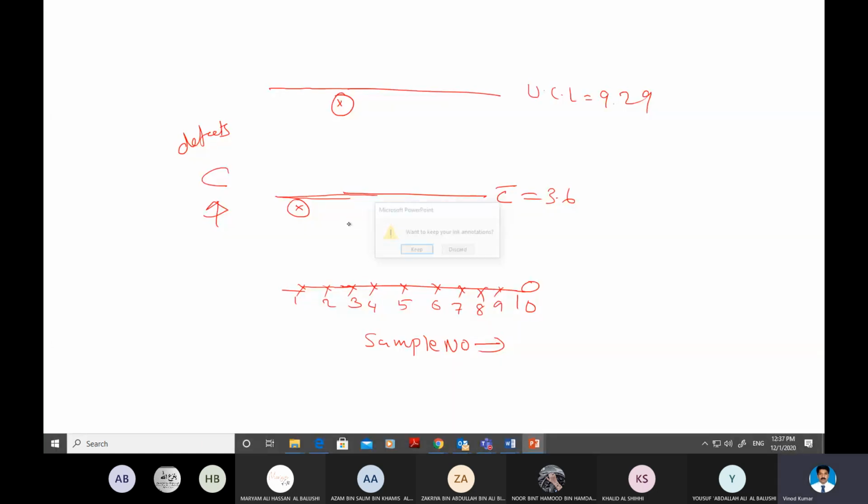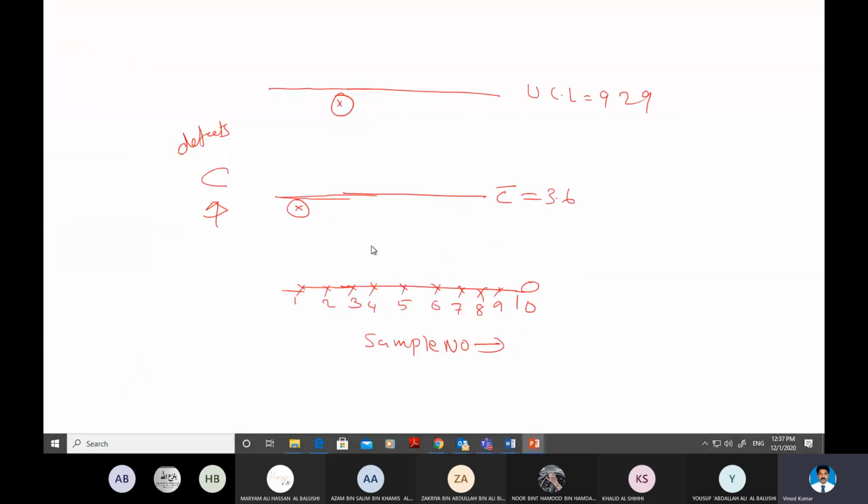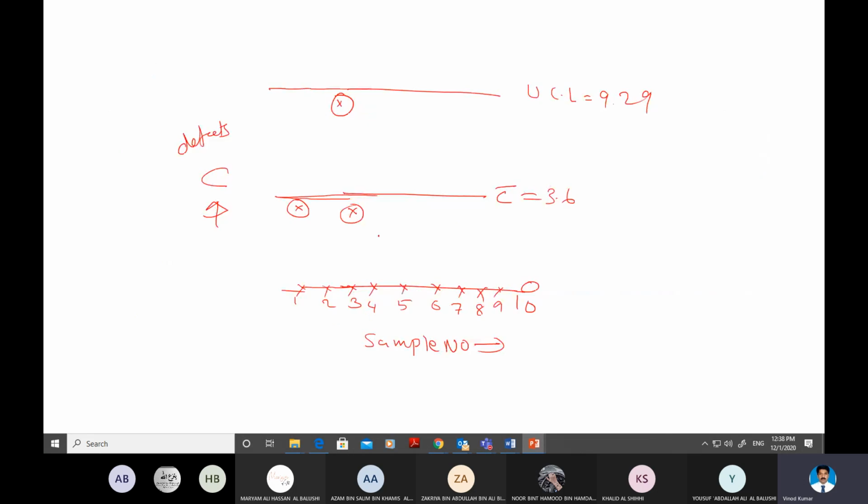Okay. The fourth sample is 4. 4 comes here.